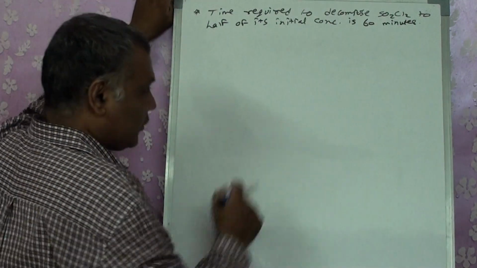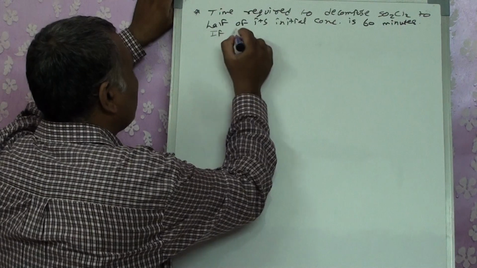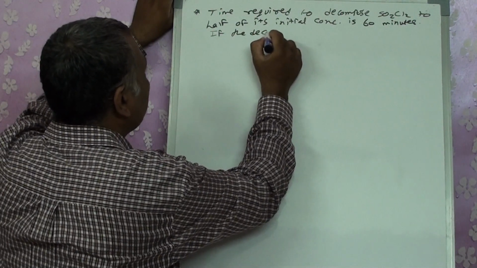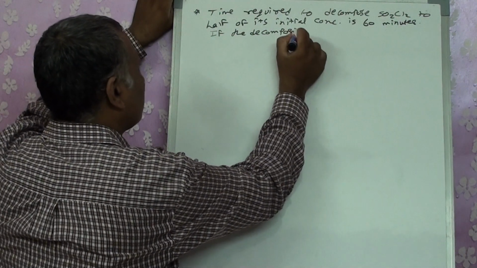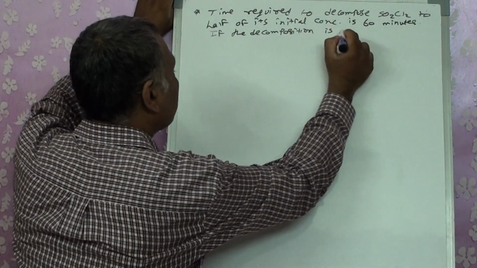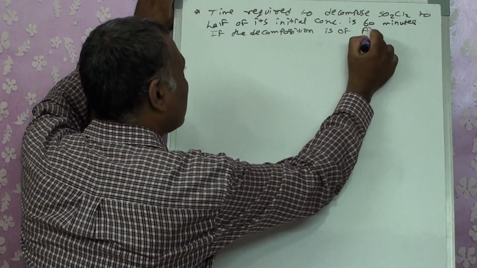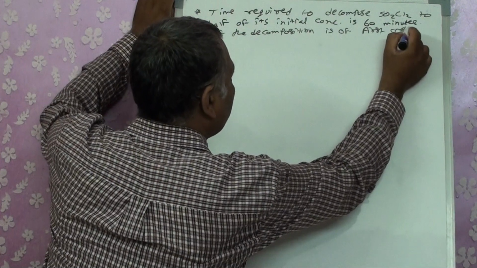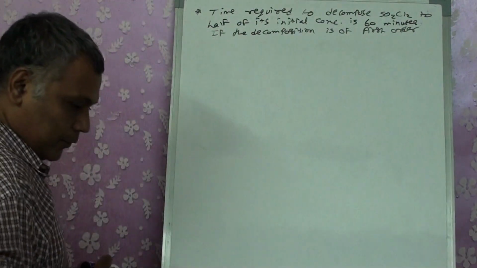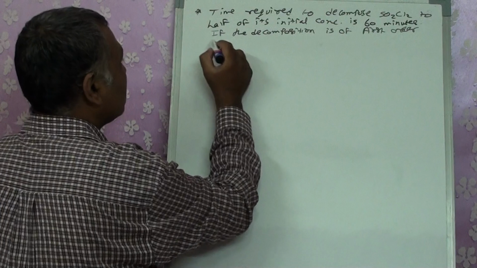If the decomposition is of first order, calculate the rate constant.